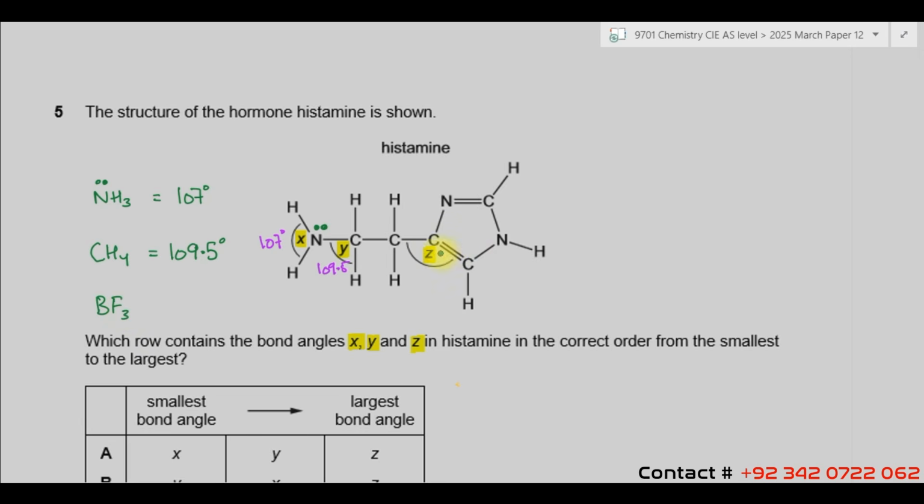Always remember that in bond angles, a double bond behaves as a single bond. There is no change if a double bond is present or a single bond is present. So BF3 has a 120 degrees bond angle. This one would also be 120 degrees. So 107, 109.5, 120. So X, then Y, then Z. Correct answer is A.